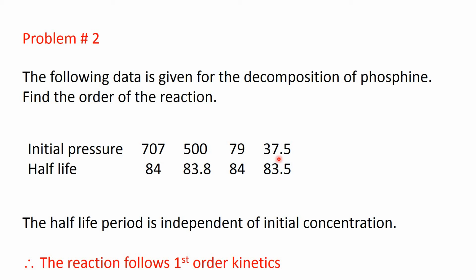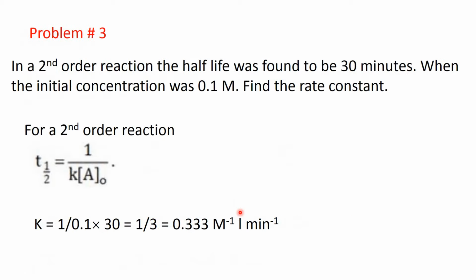Initial pressure here represents the concentration for a gas. 37.5, here it is 83.5. You observe here that the concentration of the reactant is changing, but the half-life period is almost constant. So the half-life period is independent of initial concentration. So it is a first order reaction.